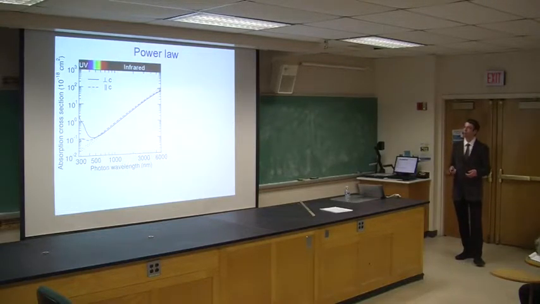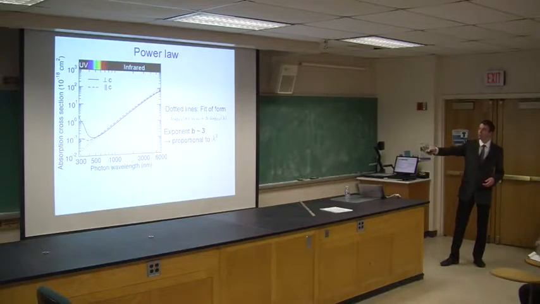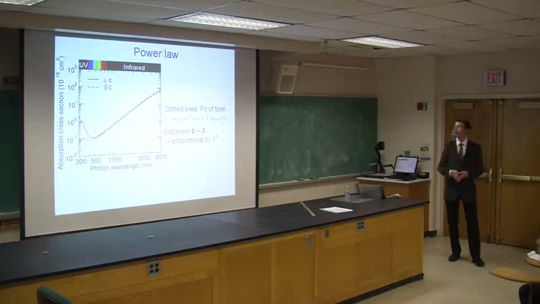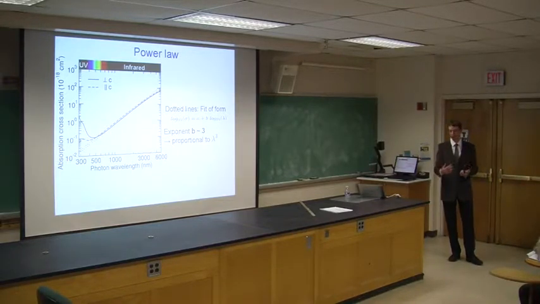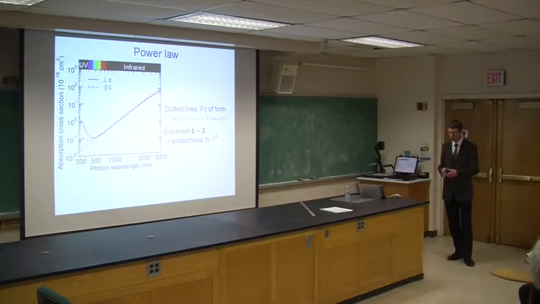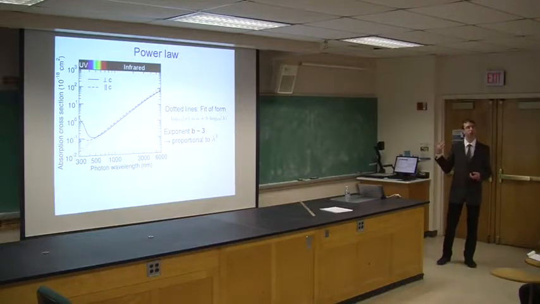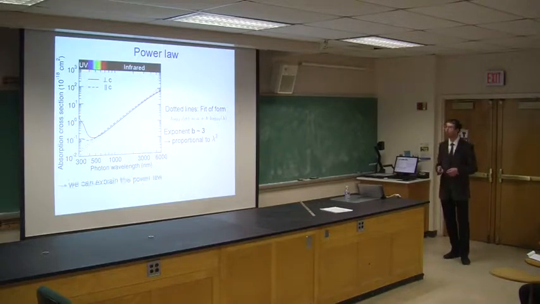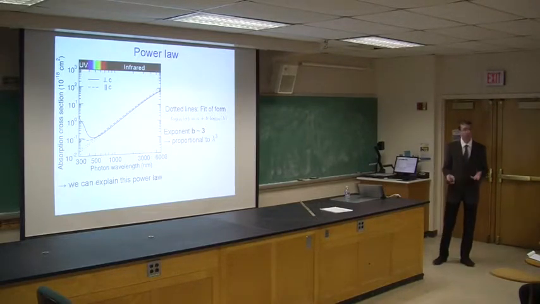In fact, if you fit the linear section, which I did, which is these dotted lines, you find that this is a power law where the absorption cross-section is proportional to the cube of the photon wavelength. This is purely based on our first principles results, but we can actually explain why this is a cube power. In order to do that, I will revisit Fermi's golden rule.